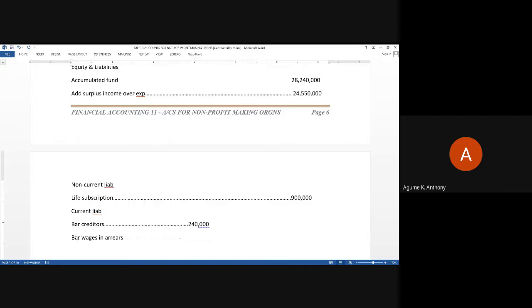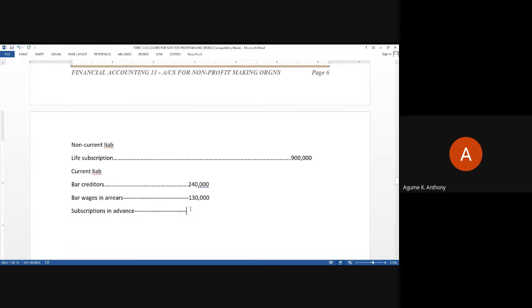The figure for bar wages in arrears is 130. Then you have subscriptions in advance, and the figure for subscriptions in advance is 170.